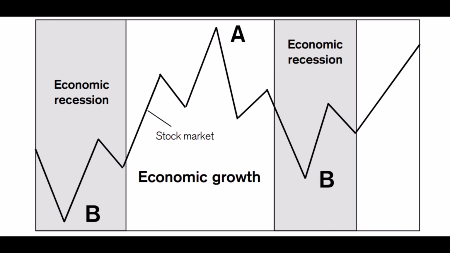And as you can see here on this little graph of the stock market and economic recessions, we can see that during a recession, the stock market anyway can signal a reversal into economic growth as being a leading indicator of fundamental data.